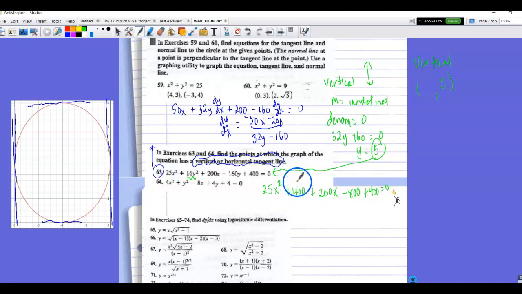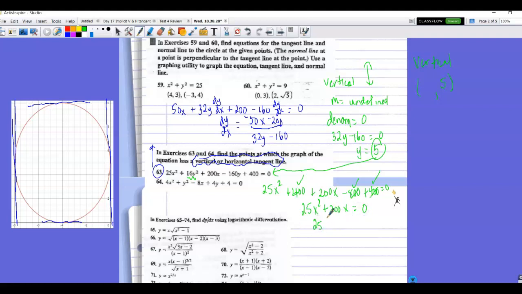So I'm going to take the 400 and add it to the 400 and get 800, subtract 800, so these are going to be gone, and that's going to give me 25x squared plus 200x equal to 0.